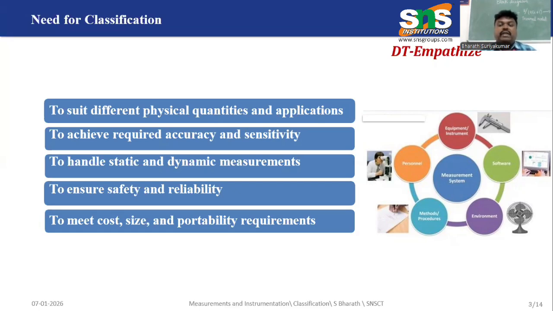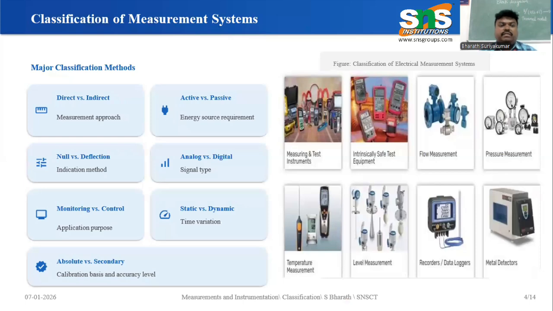The environment, the methods and procedures we follow, are all very important. Based on the need for classification, we classify the methods into different categories. All those categories are listed here, and various examples of those classifications are shown on the right-hand side with a few suitable images.